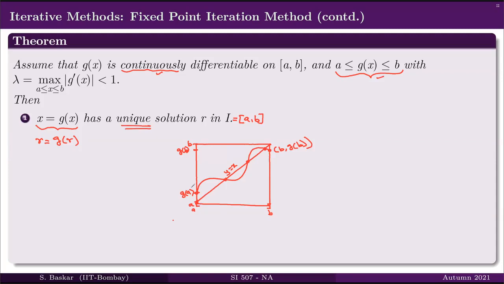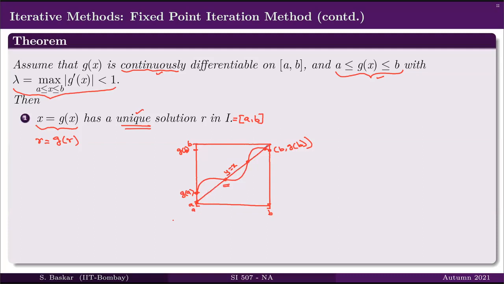Now, what guarantees the uniqueness here is the contraction map. Why is it so? You can see that if the graph of the function G had crossed this line once, and now if it has to cross once again, how fast does it have to grow? It has to grow more than the growth of this line, right? The growth of this line is 1.